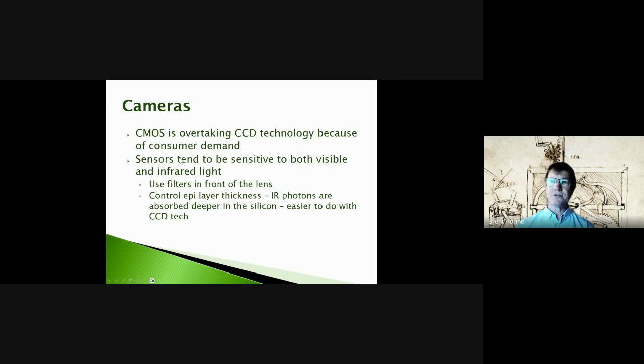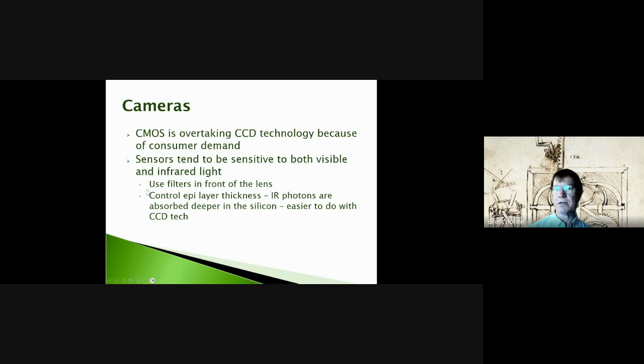So sensors, these are just some points to keep in mind as you might implement these, right? These sensors tend to be somewhat sensitive to both visible and infrared light, and you might want one or the other. So you can use filters in front of the lenses if you're really looking for infrared.